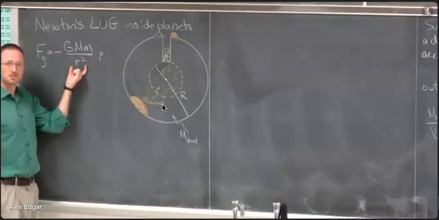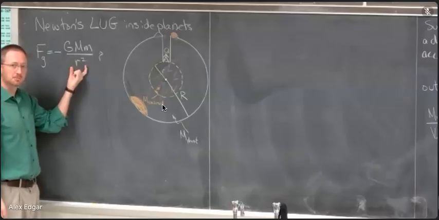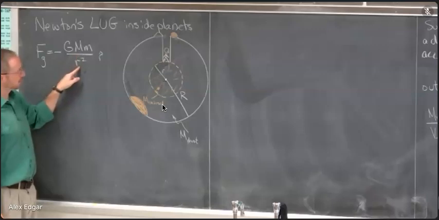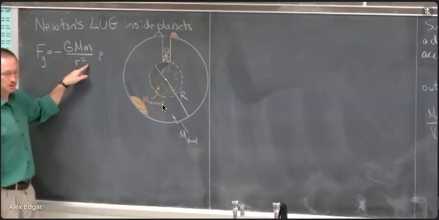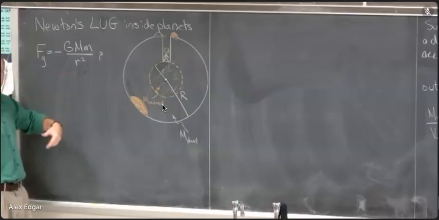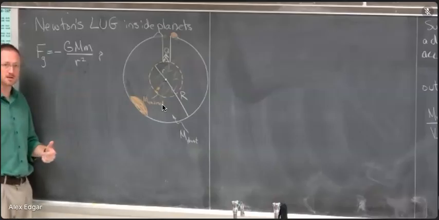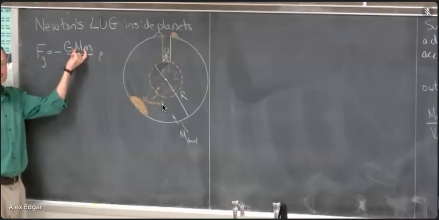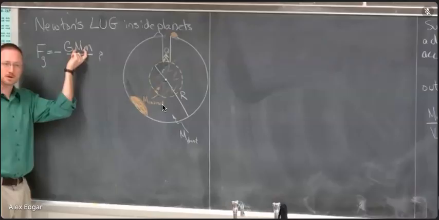So when you move twice as far away, that's going to result in a pull that's 1/4 as big. Because if you make r twice as big, r squared gives a factor of 4 there. So the pull is 1/4 as big because we've doubled the distance. Well, that would mean that in order to get the same pull, we need to have 4 times as much mass.